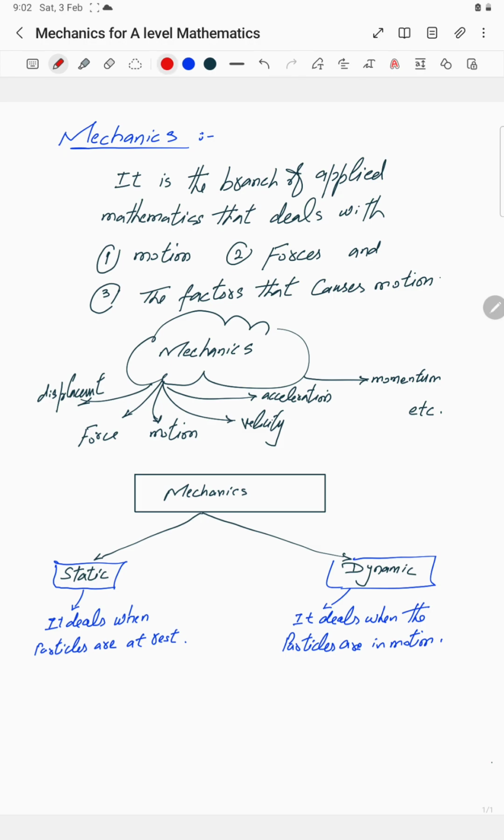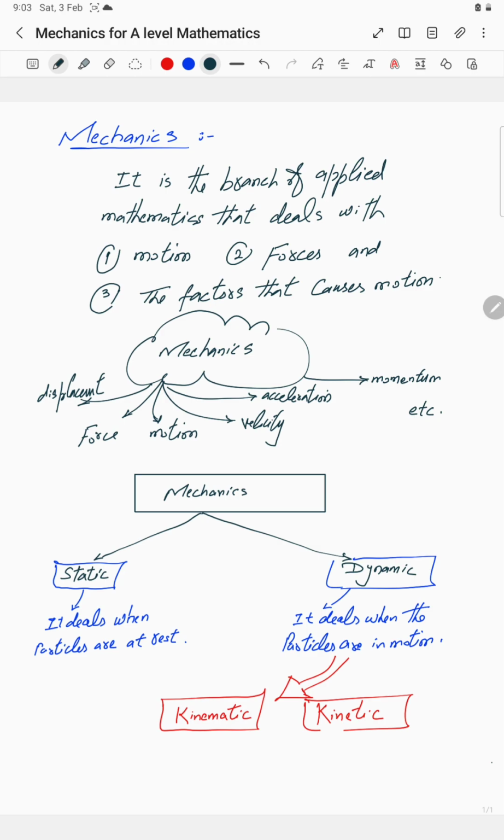Here, guys, dynamics has further been divided into two major types. One is called kinematics, and the other one is called kinetics.